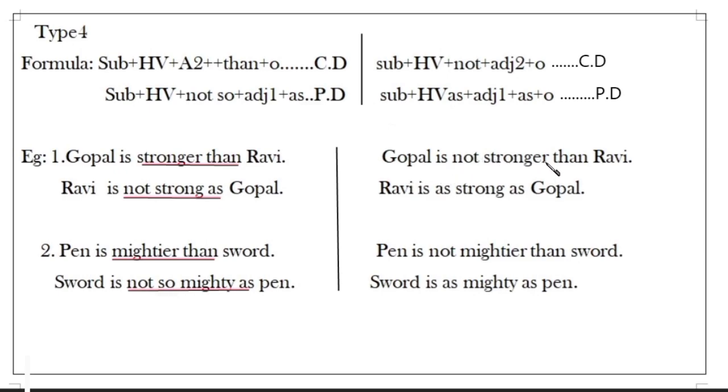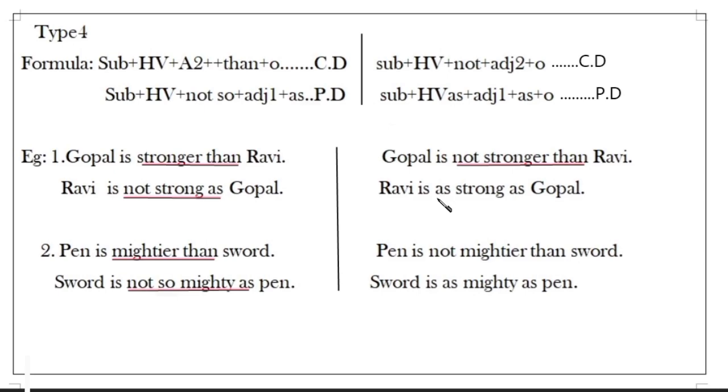Gopal is not stronger than Ravi. It is in negative form. The comparative degree is in negative form, then the positive degree is written in positive form.